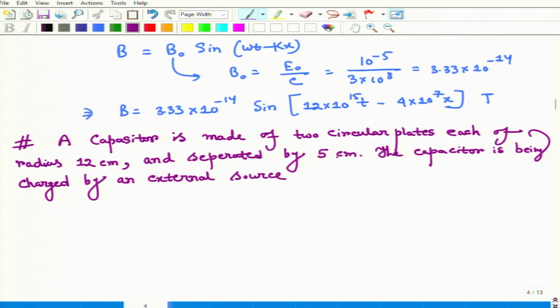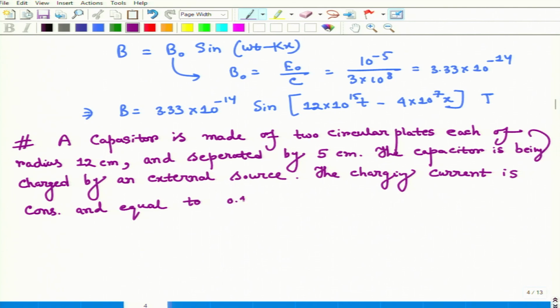The charging current is constant and equal to 0.15 ampere. Okay, so what are the questions?